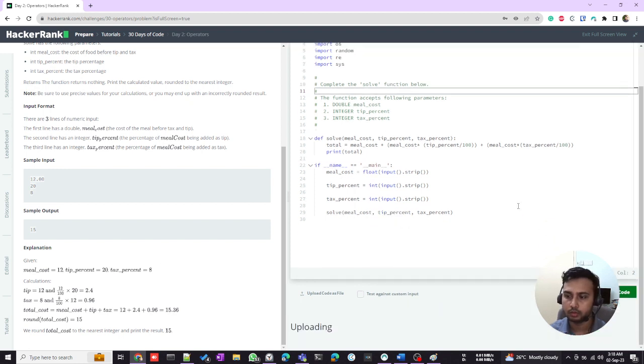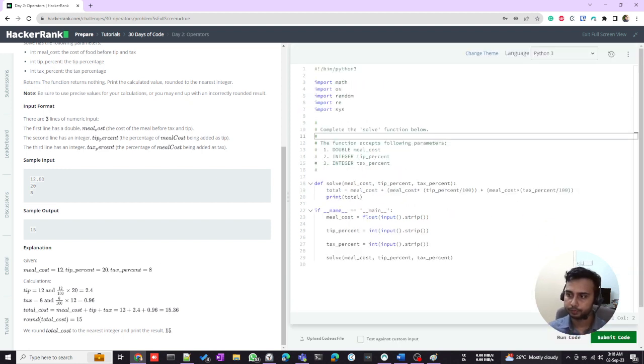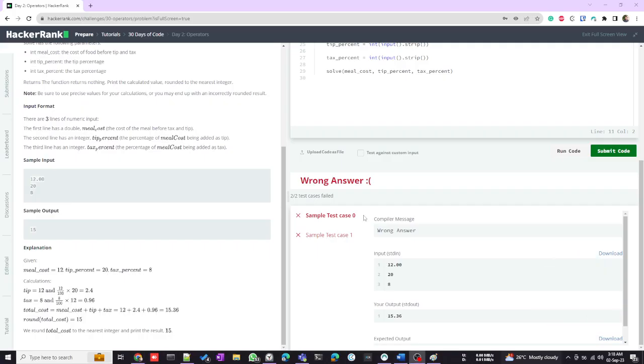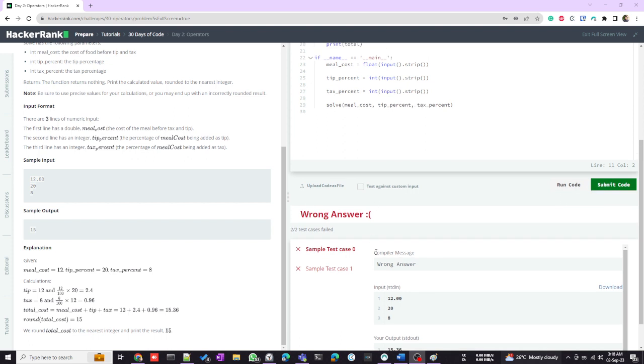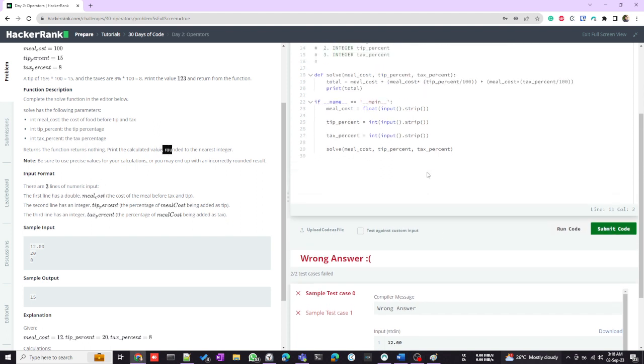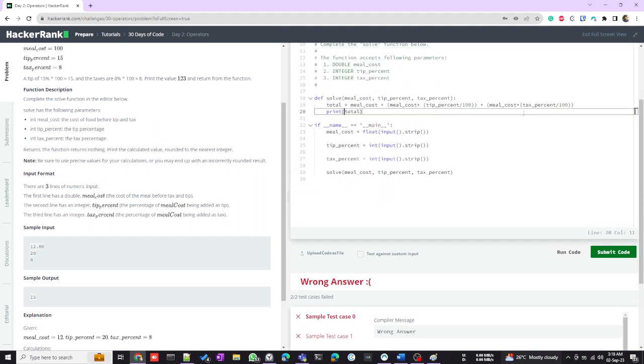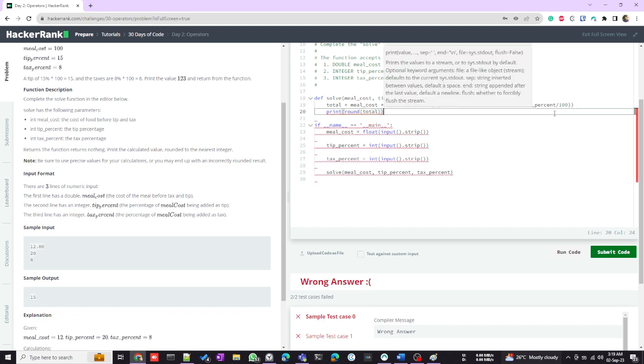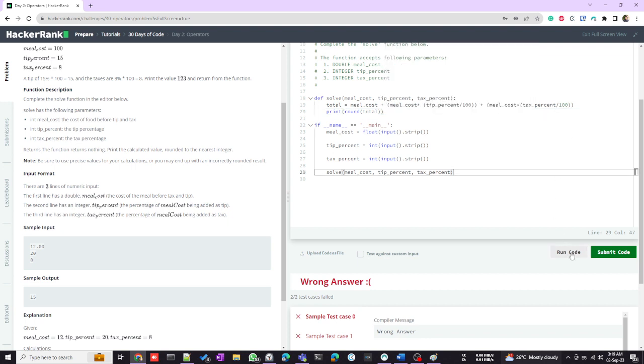Let's run the code. Okay, here we get a wrong answer. Of course it will be a wrong answer, because we need to round it to the nearest integer value. So what I can do is round the total, and run it again.